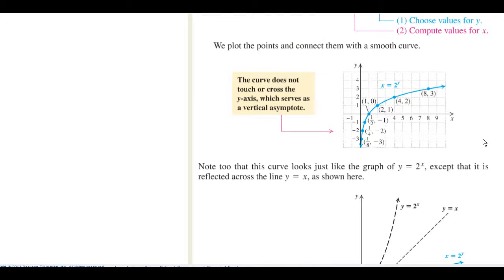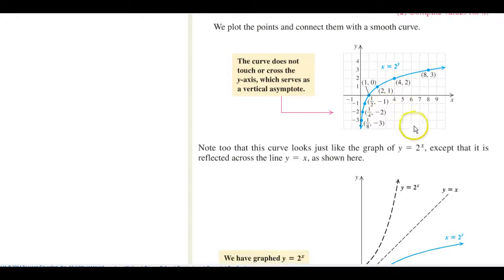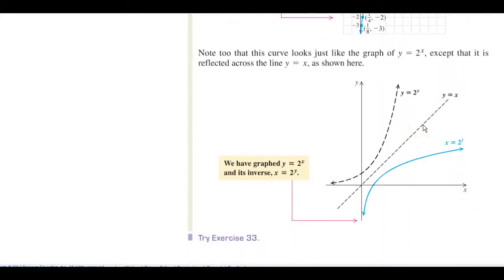Okay. So again, we have a curve, again, a typical exponential curve. But now this one reflects, and if we put it together here with our old one, can you see that this is, well, not sort of, is the inverse of this?